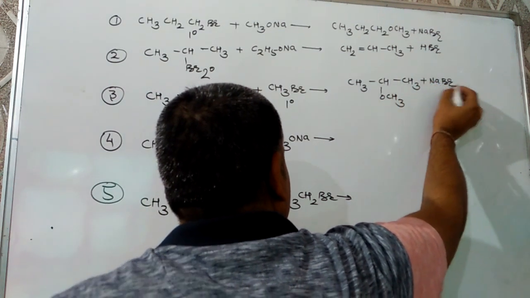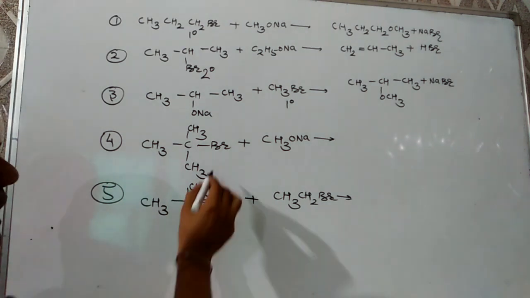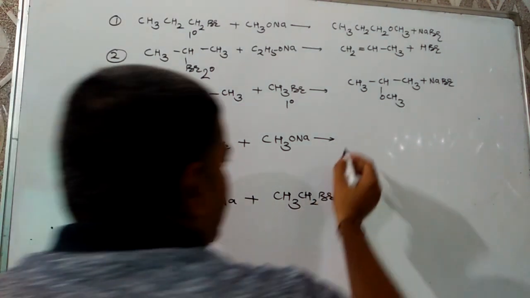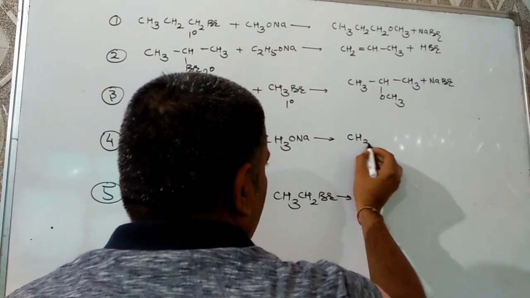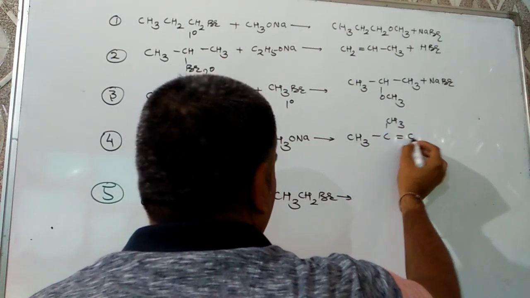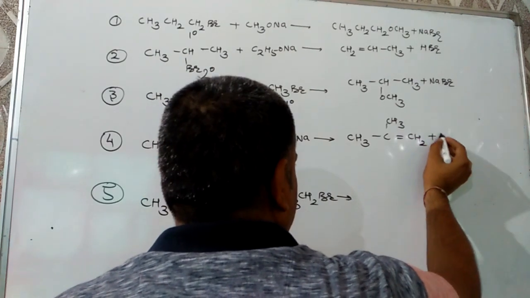Next, the haloalkane is tertiary, so elimination takes place and the product formed will be 2-methylpropene plus HBr.